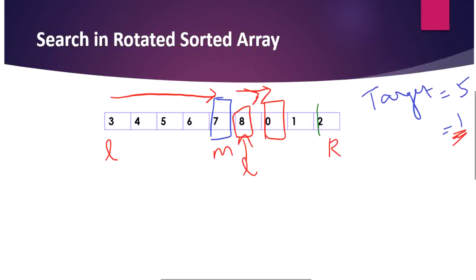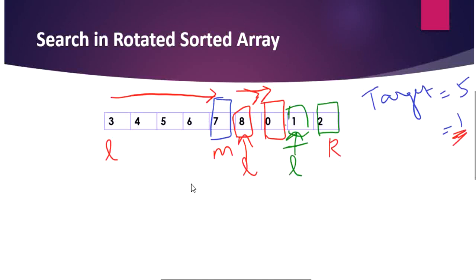We check whether our right is greater than our mid and our target is within this range. If our target is within this range, we are going to fix our left after mid again. So now we check new mid. New mid is going to be 1, which is actually our target, and we're going to return the index of 1.